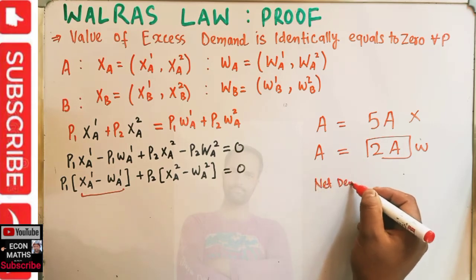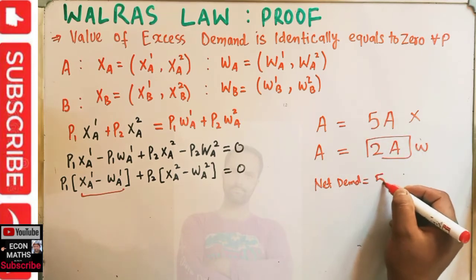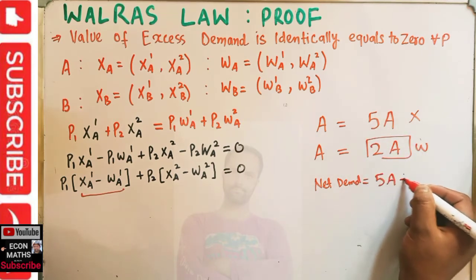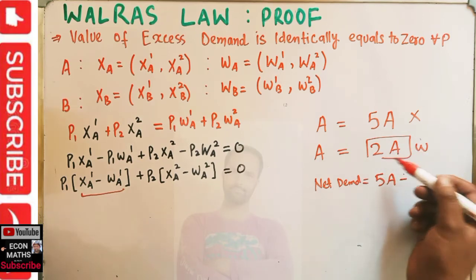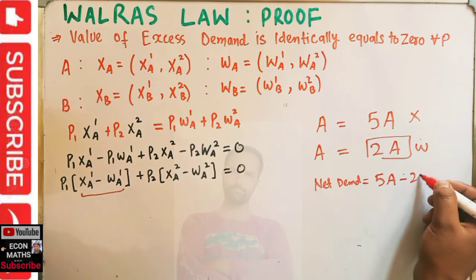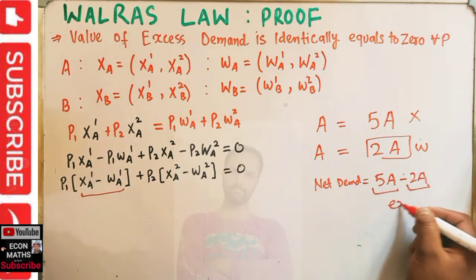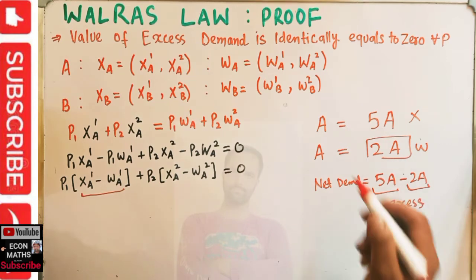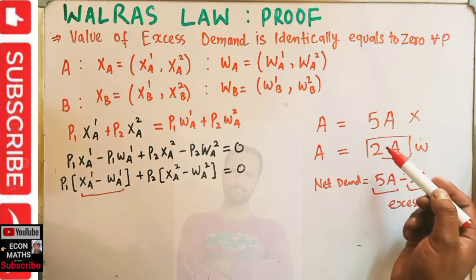Then net demand will be equal to what he is demanding, that is gross demand, 5 apples. From this he will obviously subtract what he has initially, he has 2 apples. So the difference between these two will give us the excess demand. Person A is demanding 5 apples, he has initially 2 apples with himself.